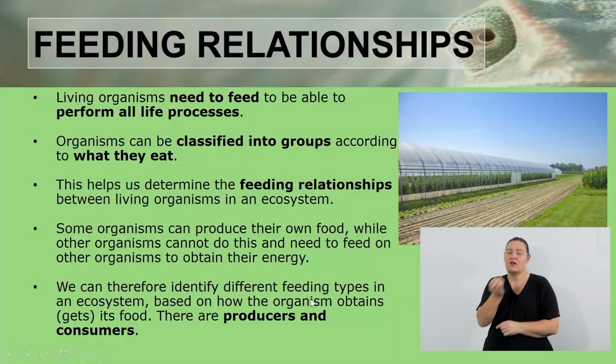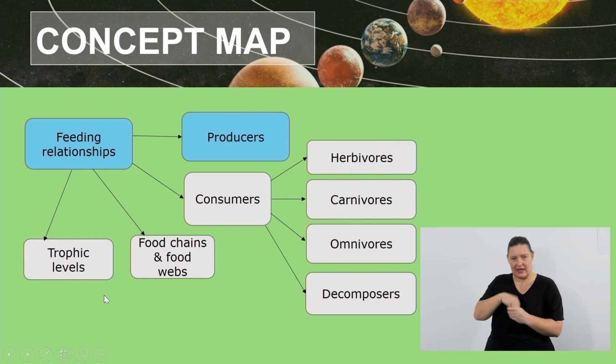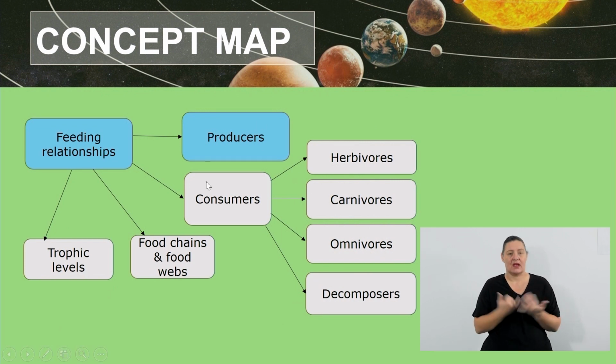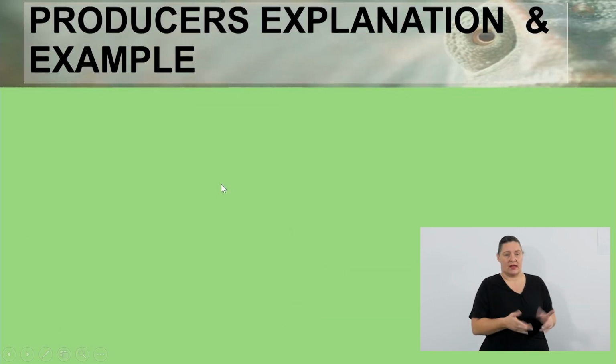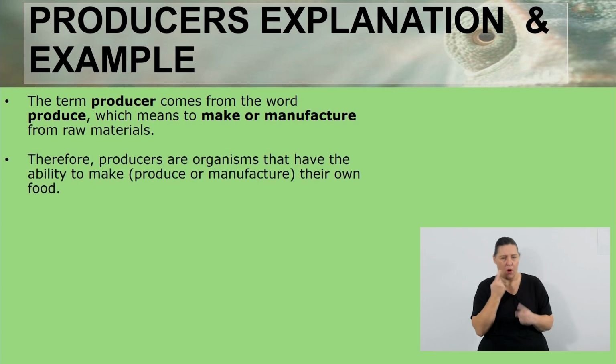Therefore, we can identify the different feeding styles in an ecosystem based on how the organisms obtain their food. We have producers and consumers in ecosystems. So we are going to look at producers. The term producer comes from the word produce, which means to make or to manufacture from raw materials.